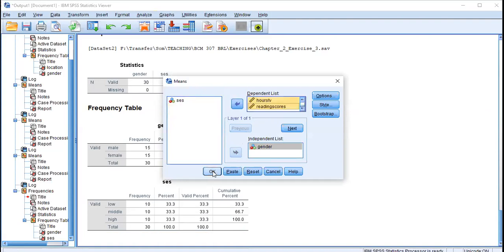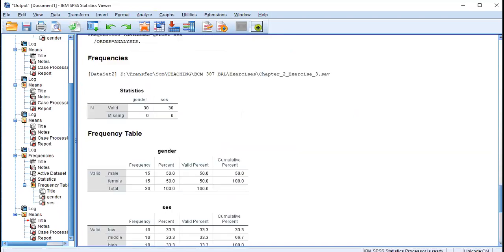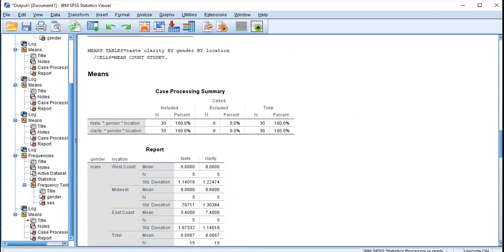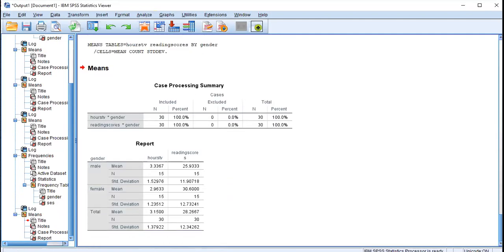Go for OK, and here you get the answer. So we have got male and female, the mean for male and the mean for female. The analysis is already there before you. You can understand the data on your own.